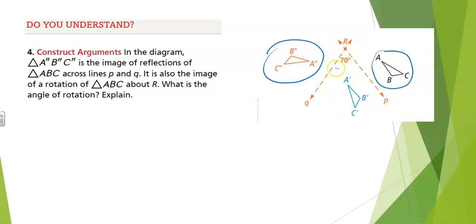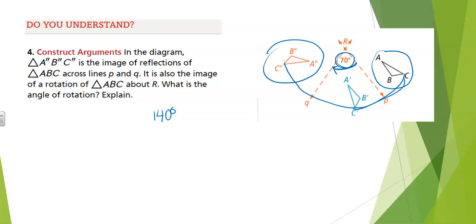And so this ended up being 70 degrees from here to here. Now, the total rotation, so if I started at C and went to this C, that total rotation is double whatever that angle is. So the total rotation is 140 degrees, and that's because of that theorem we just looked at.